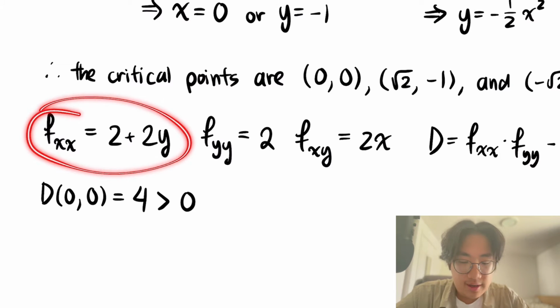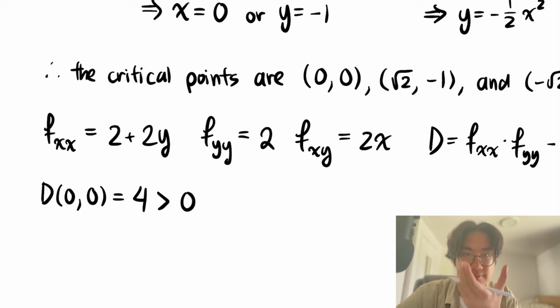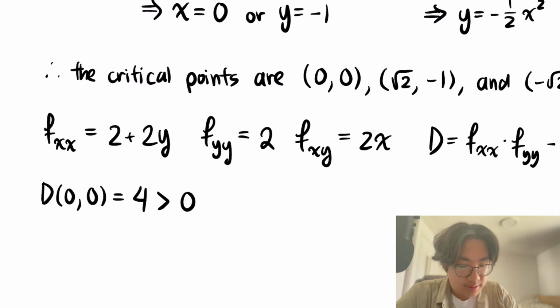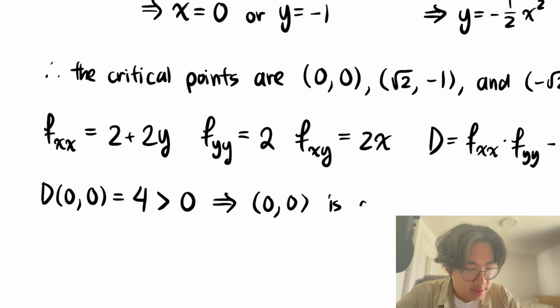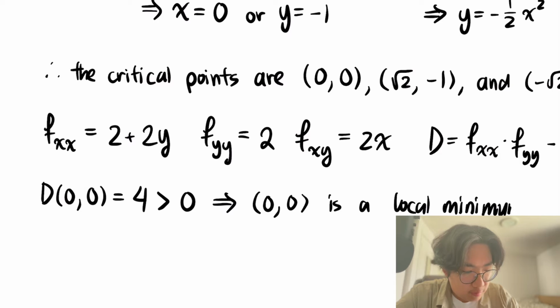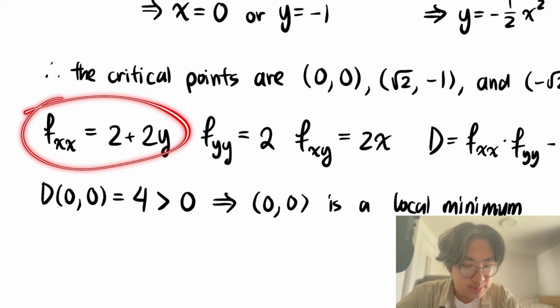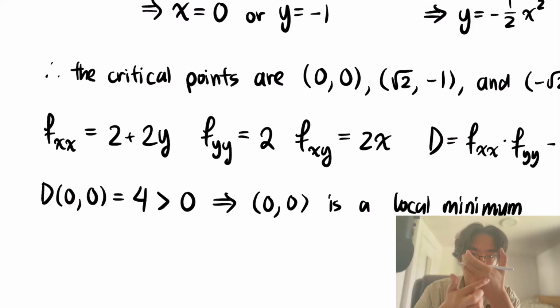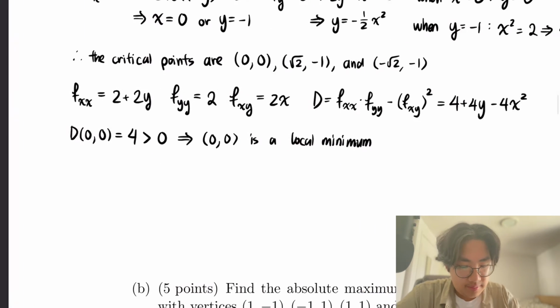The sign of f sub xx will determine which. Because it's positive, you can think of it as concave up. So 0, 0 is a local minimum. Again, I remind myself by using this part over here, it's positive, so it has to be like a minimum down here. Okay, very good.